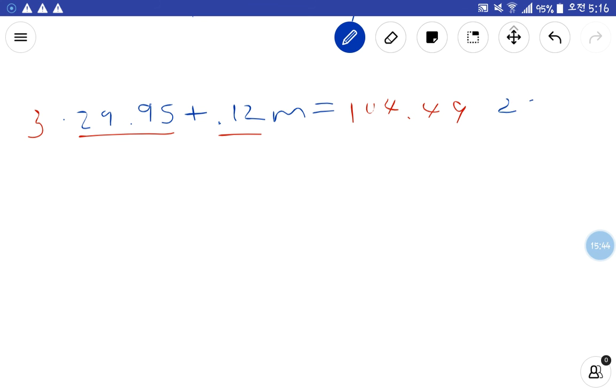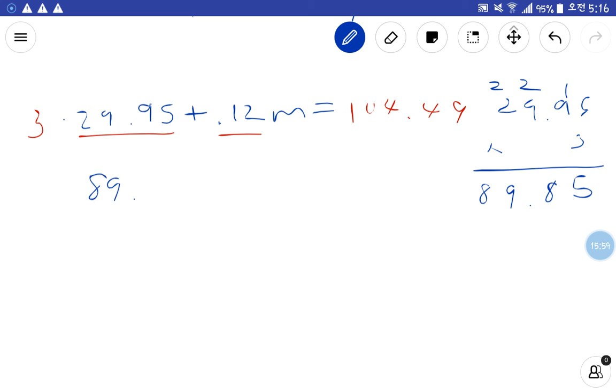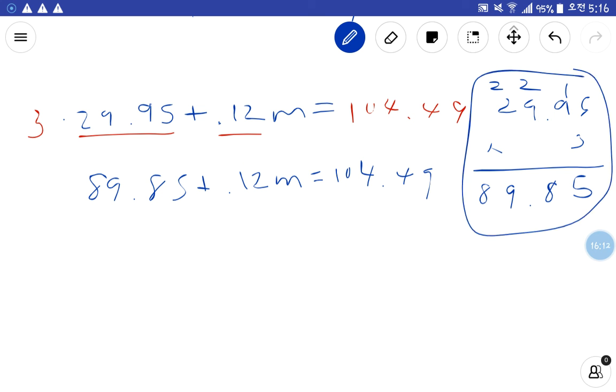29.95 times 3, which is 89.85. So you got 89.85 plus 0.12 m equals 104.49. That is a part of my work. Okay.